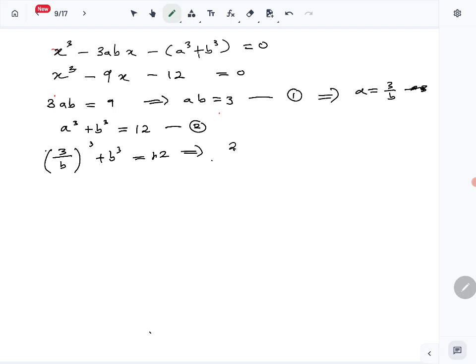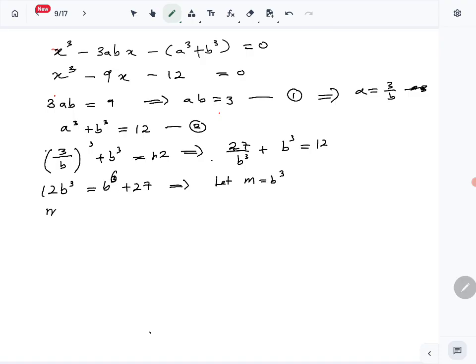So 27 plus b cube times b cube equals 12 b cube, so b to the 6 plus 27. So this has quadratic form, no? Let m equals b cube.